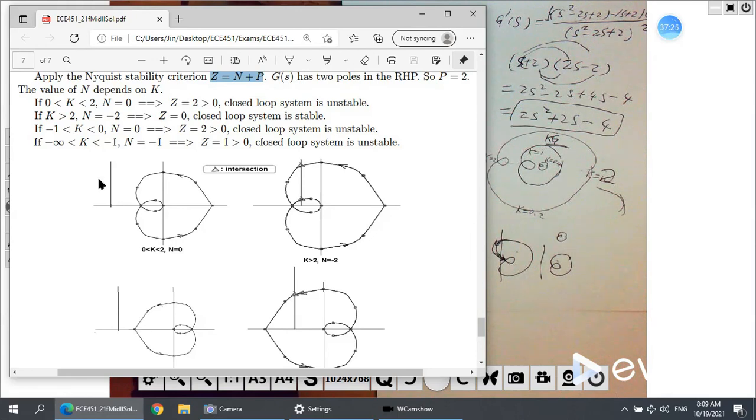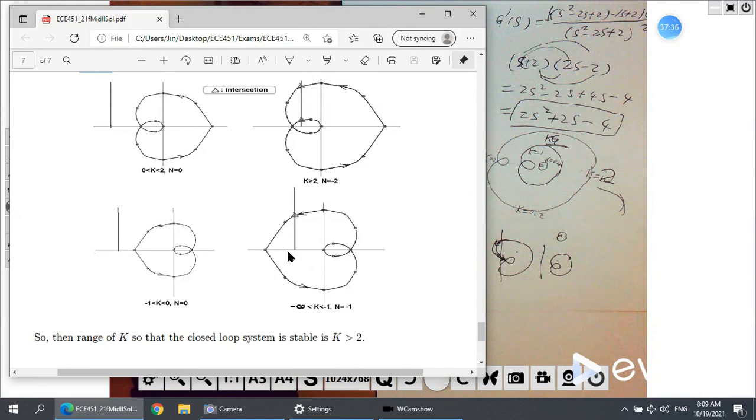Then K is from 0 to -1, then from -1 until negative infinity. For this K, the case looks like this. The intersection will be here, just one intersection. And the direction is from right to left. This is anti-clockwise, right? So this is also negative.